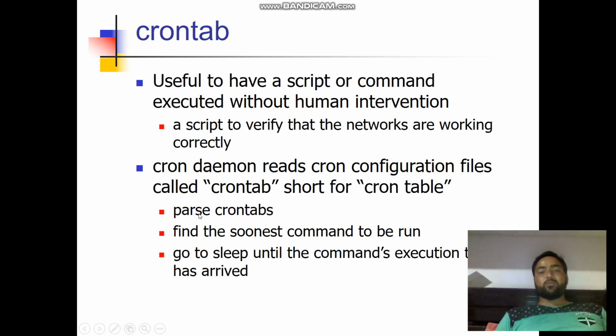The cron daemon parses the crontabs, whatever information is there in the table, and then finds the soonest command to be run, the command that is to be run in the very near time. Then it goes to sleep until the command's execution time has arrived. That means it waits for the time of the particular command to arrive, and then it executes the command.